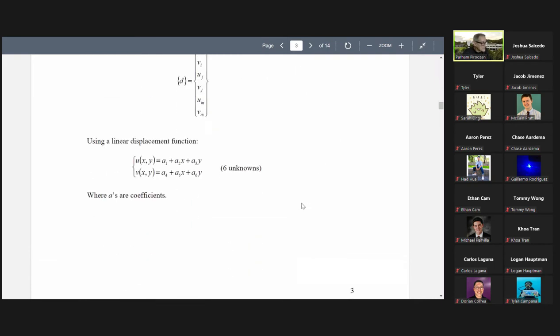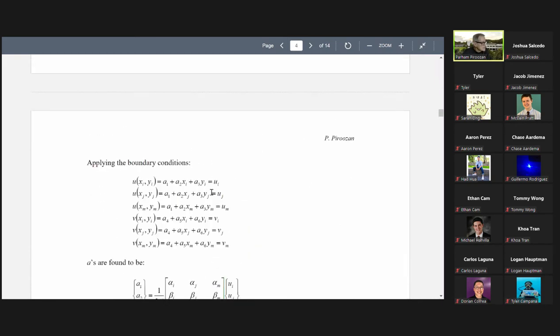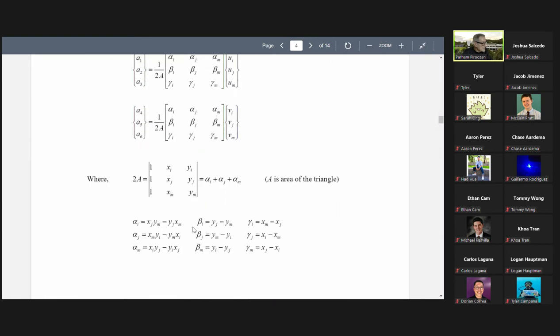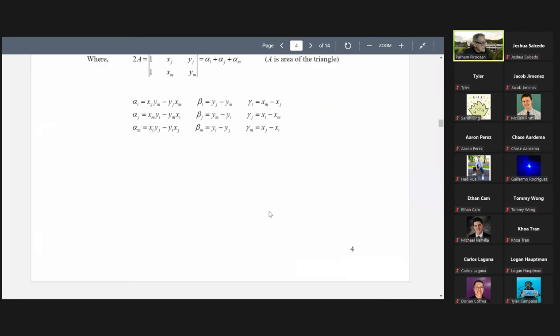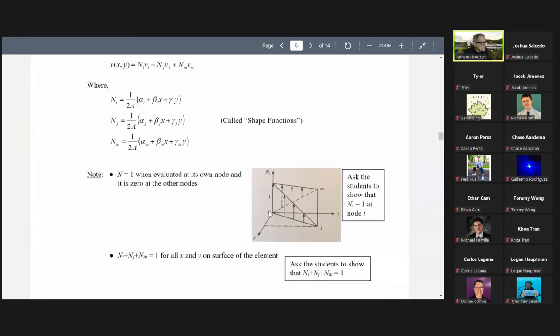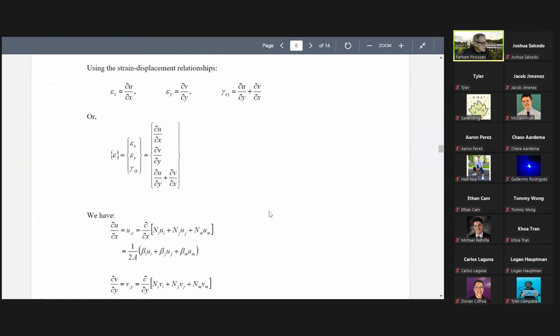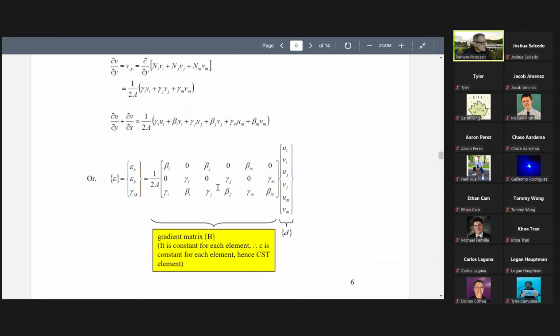We looked at the stress. We looked at these parameters, alphas, betas, and gammas. These are parameters in terms of coordinates of these nodes. And we talked about shape functions, and we found this B matrix: strain is equal to this B matrix times nodal displacements.